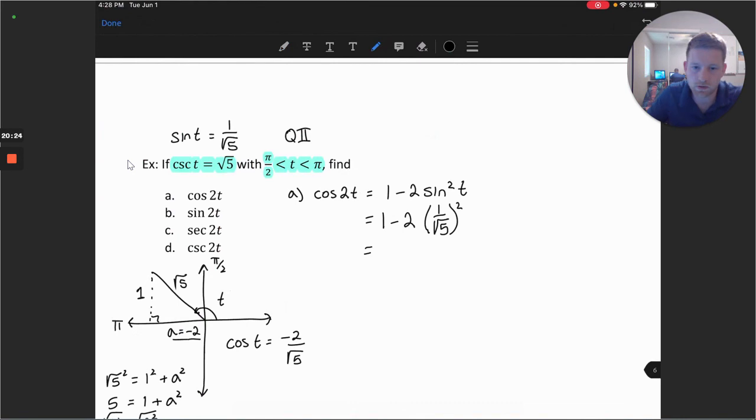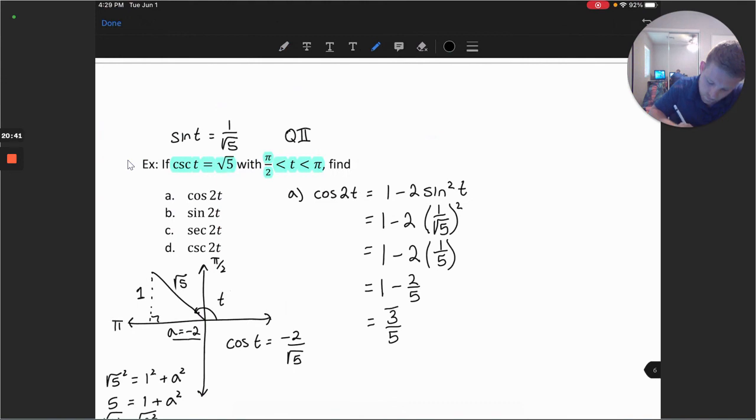And then we'll follow this through with some arithmetic. 1 minus 2 times 1/5, or 1 minus 2/5, which is equal to 3/5. So there's our double angle for cosine.